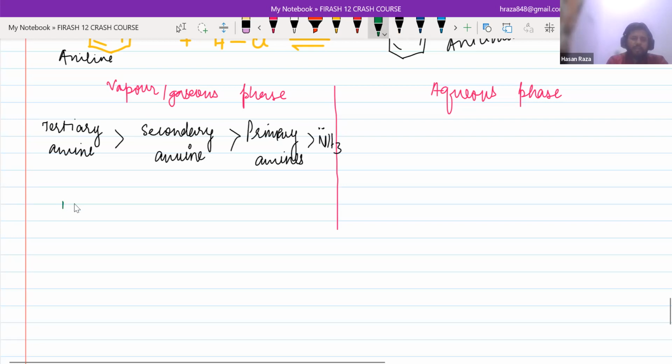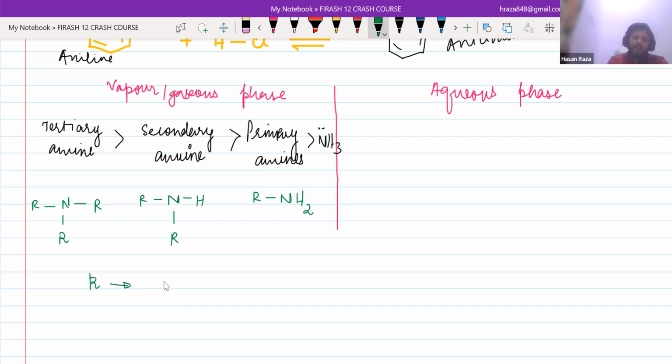See what happens here. Tertiary amine, that means nitrogen is here, and all the three bonds of nitrogen will be like this. And in secondary, it will be like this, and in primary, it will be like this. So we already know that R has the property of plus I, that means electron donating group, and we already know that the one which donates electron will be more basic.